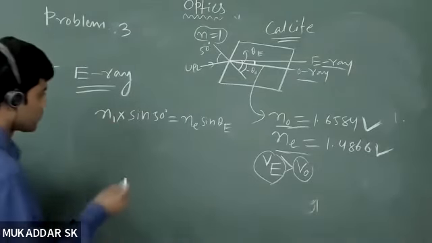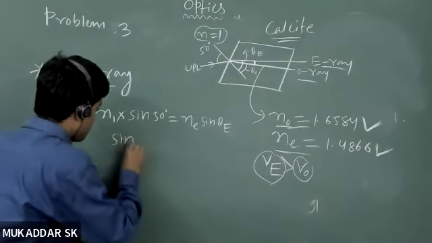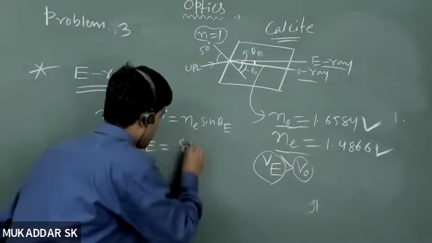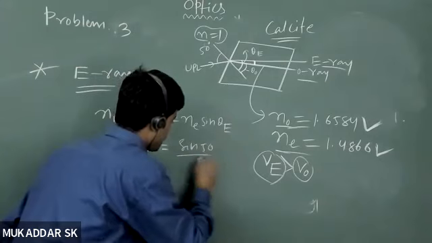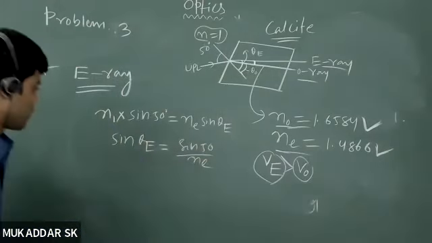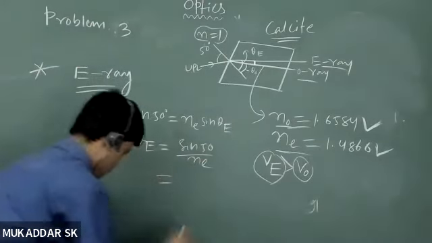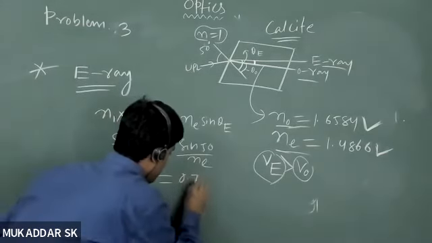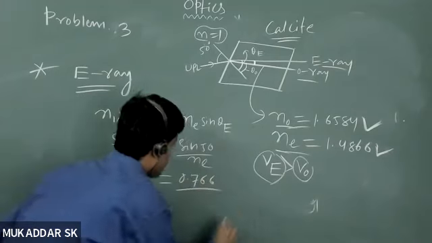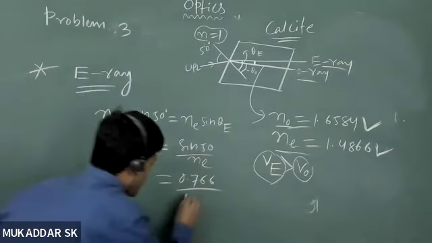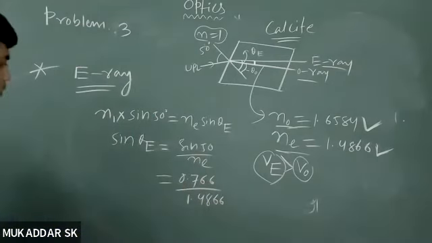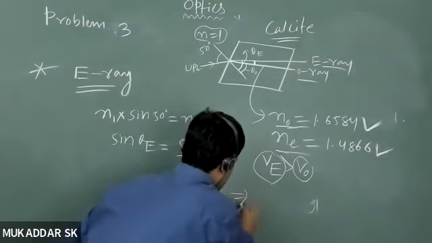So sine of theta e should be equal to sine 50 degree divided by n_e. Sine 50 degree, if you calculate this value, you'll get 0.766, and n_e is given, that is 1.4866.